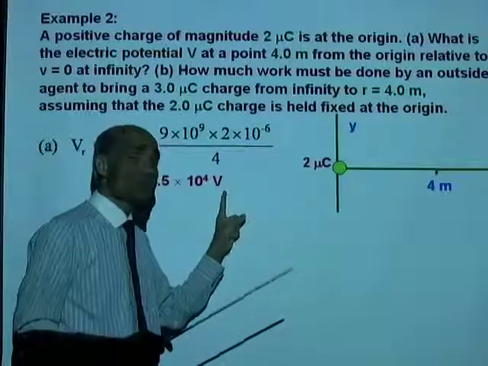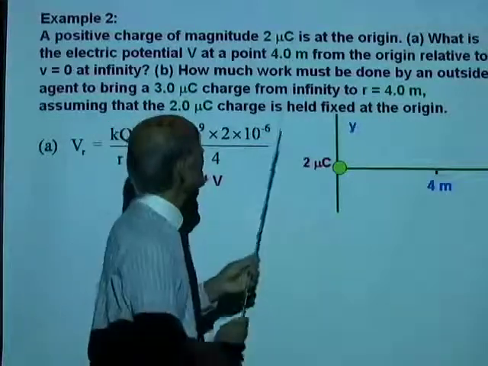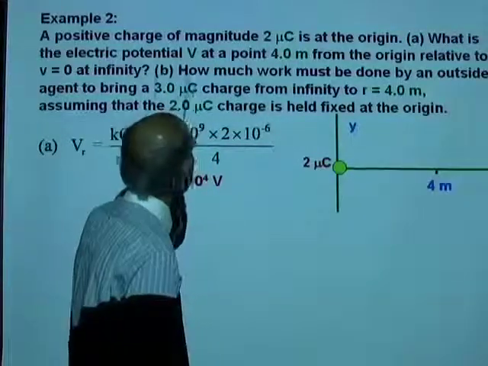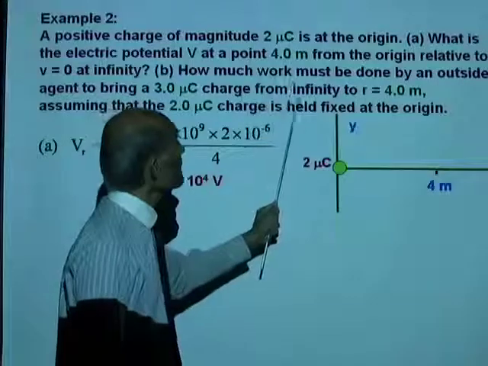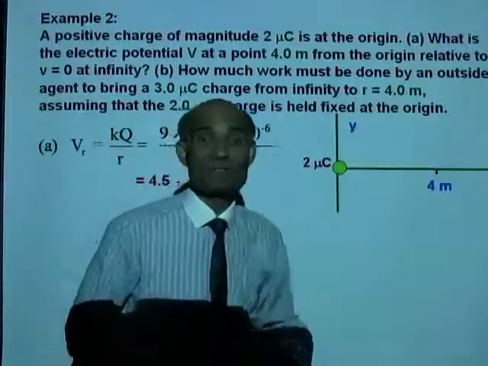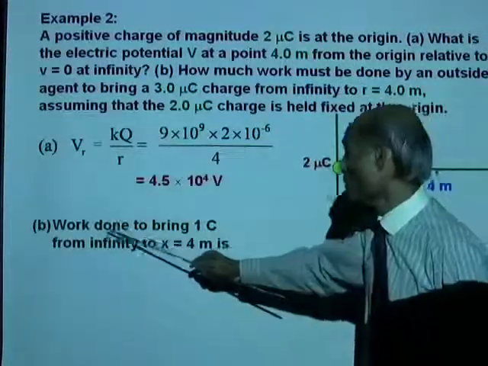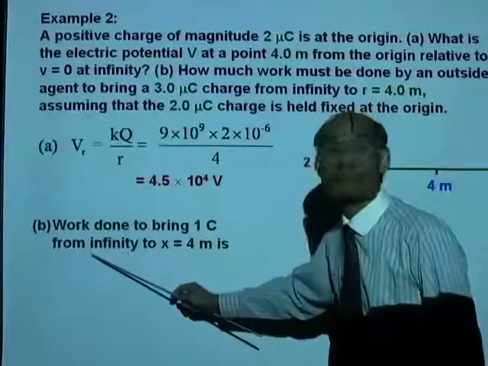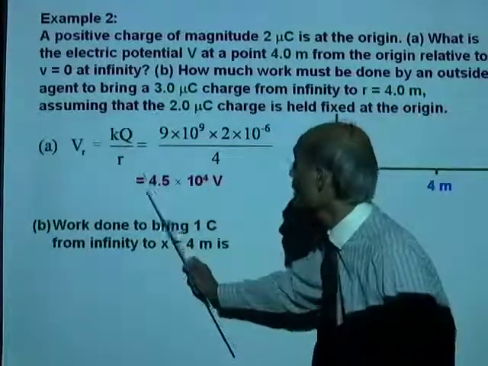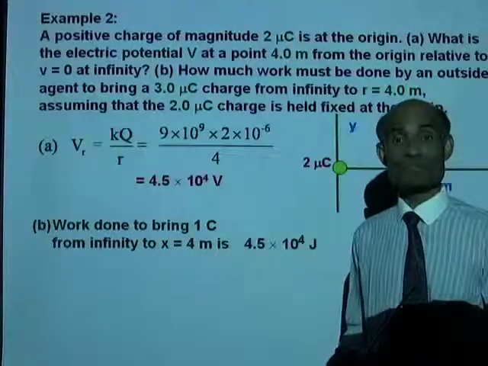Remember, a volt means joules per coulomb. Alright, in that case, if I now have to bring 3 microcoulomb charge from infinity to this point, how much work do I need to do? You can do that now. So, work done to bring 1 coulomb of charge from infinity to x equal to 4 is 4.5 times 10 to the 4 joules.